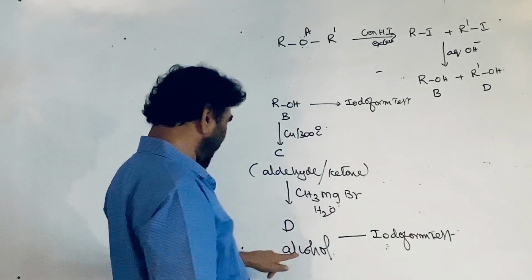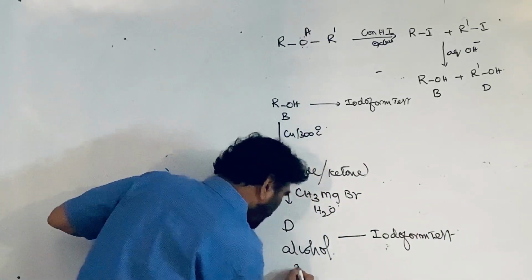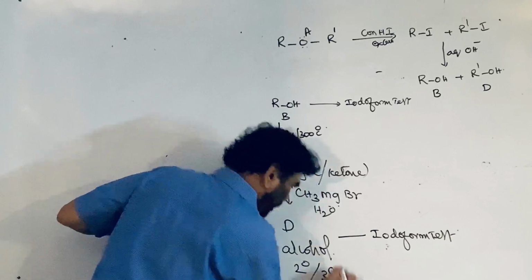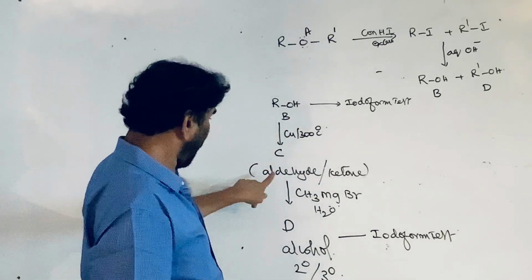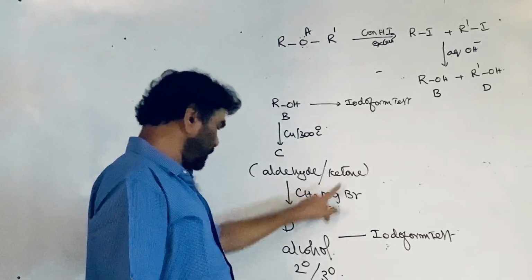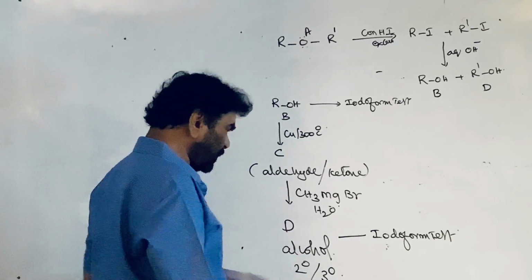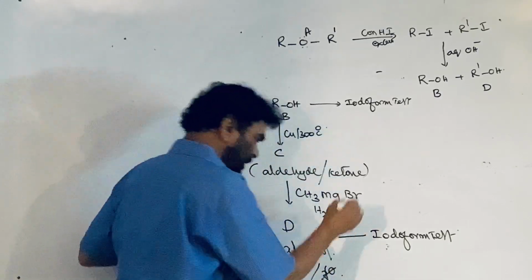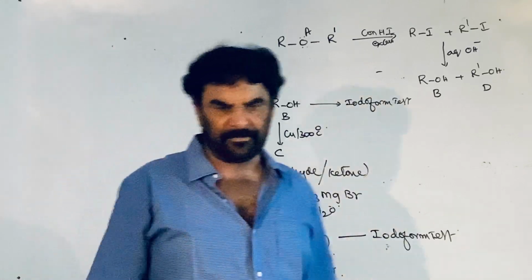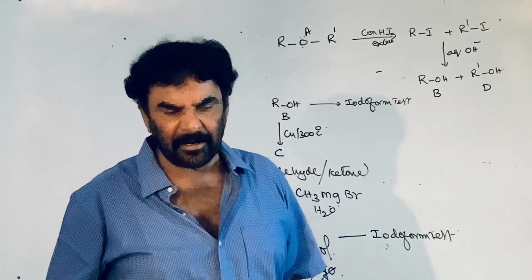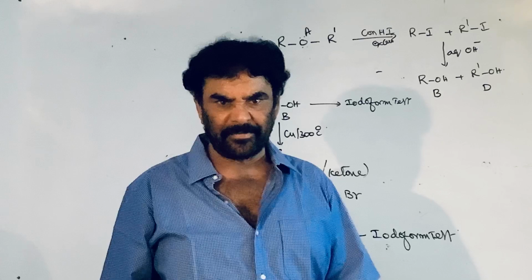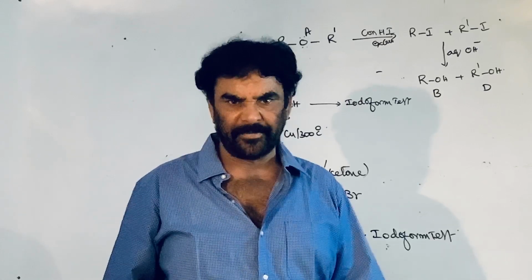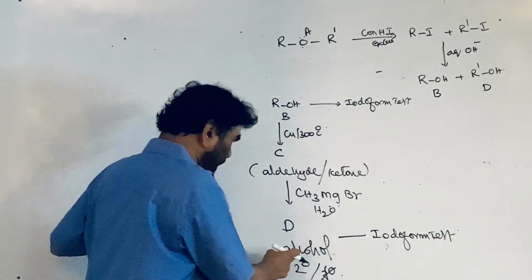Alcohol is giving, either it should be secondary alcohol or tertiary alcohol. Aldehyde, secondary alcohol; ketone, tertiary alcohol. Tertiary alcohol does not give the haloform reaction. Only secondary alcohol gives the iodoform reaction. Therefore, it is secondary alcohol.